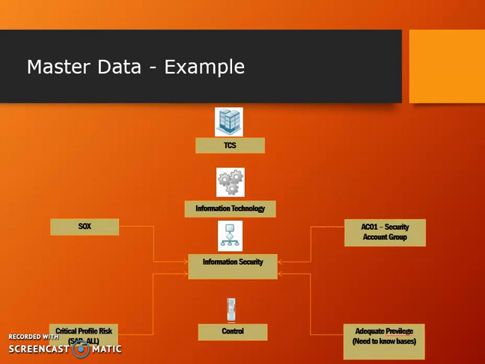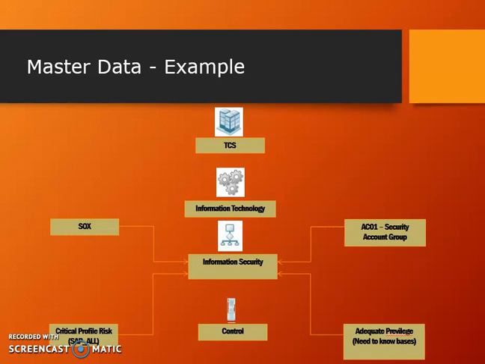The second is where we define the business processes. They can define a process like information technology, or a process of procurement, or sales and distribution. So this is how you define the business processes and how you map the sub-processes inside them.